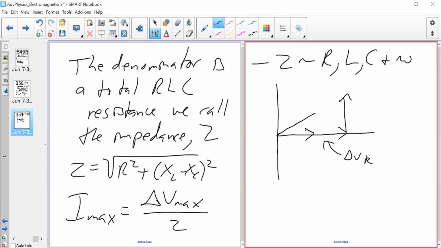And so therefore the phasor for the maximum voltage in an RLC circuit is given as this figure, this right triangle.